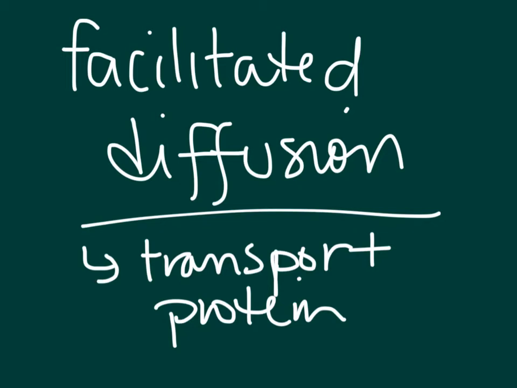Can you repeat facilitated diffusion? Sure. Facilitated diffusion is diffusion, so it moves down the concentration gradient. It requires no energy, but it has to have a carrier protein because it's too big to fit through the phospholipid spaces, or it's polar.